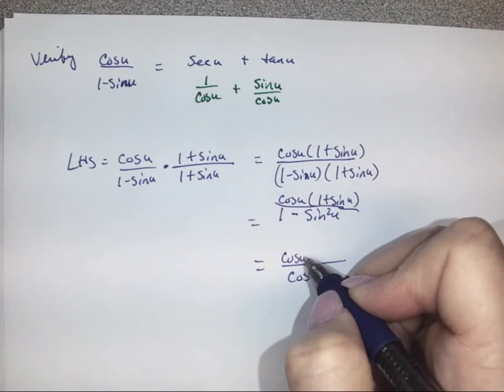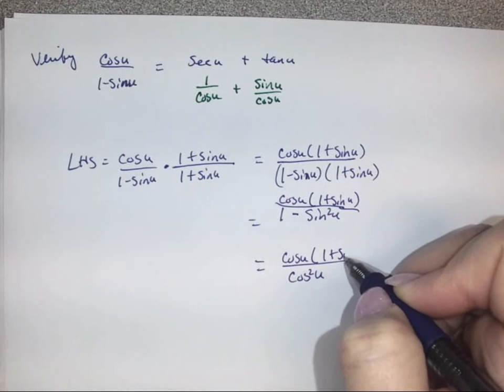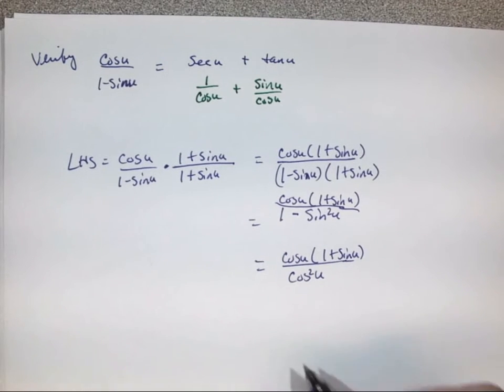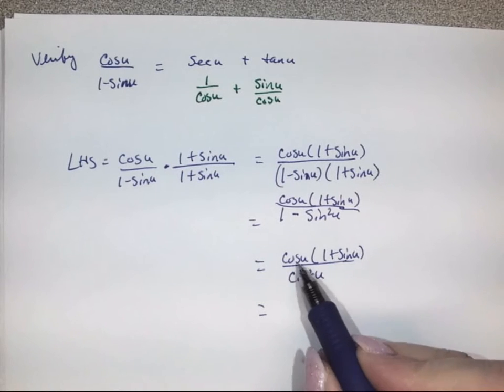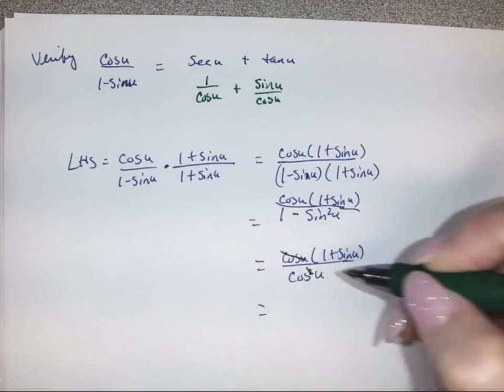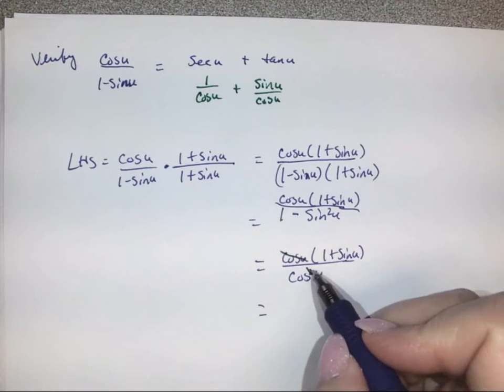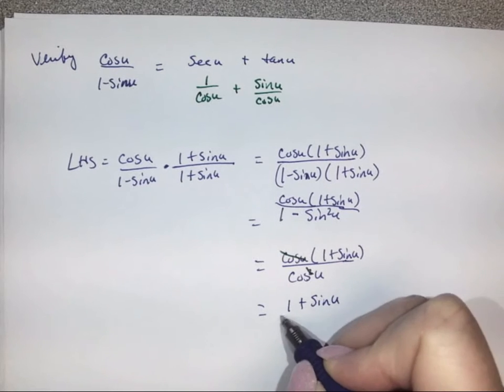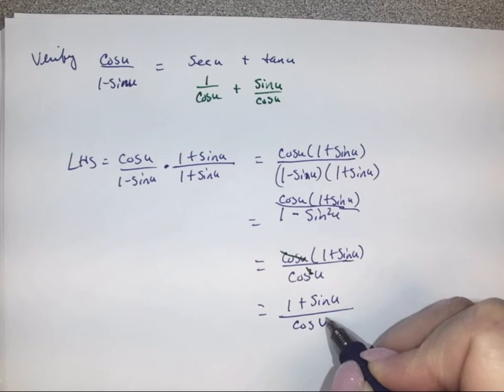On the top, we still have cosine u times 1 plus sine u. Well, with this cosine squared u and cosine u, I can cancel out the cosine u with the squared part, and that will get me 1 plus sine u over cosine u.